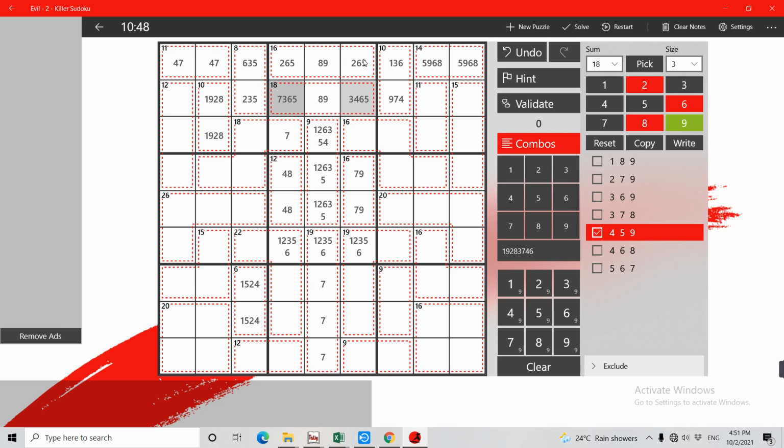Now if you see here, 5 either needs to be used here or it needs to be used here, which means we cannot use a 5 here. So if I use a 5 here or here, I will not be able to have 5 and 3 here.